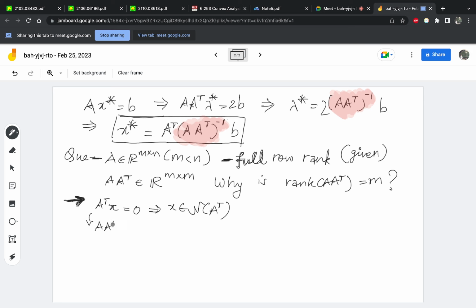So you have A A transpose x, on the right side is 0. So what have we gotten? We have gotten that if x is in the null space of A transpose, then x is also in the null space of A A transpose. Which means every element of the null space of A transpose is an element in the null space of A A transpose.